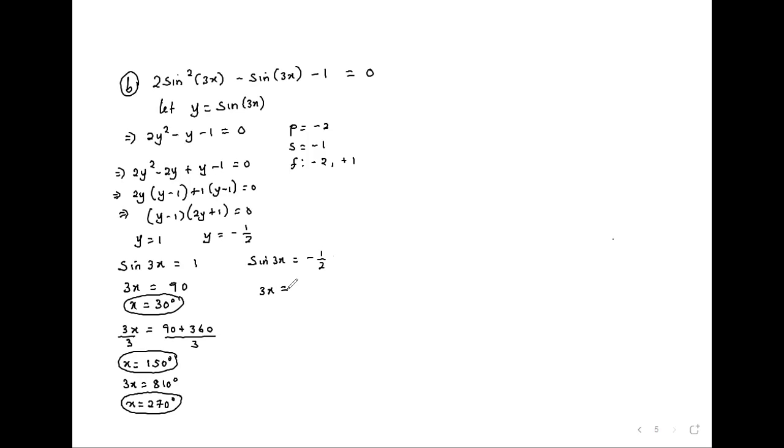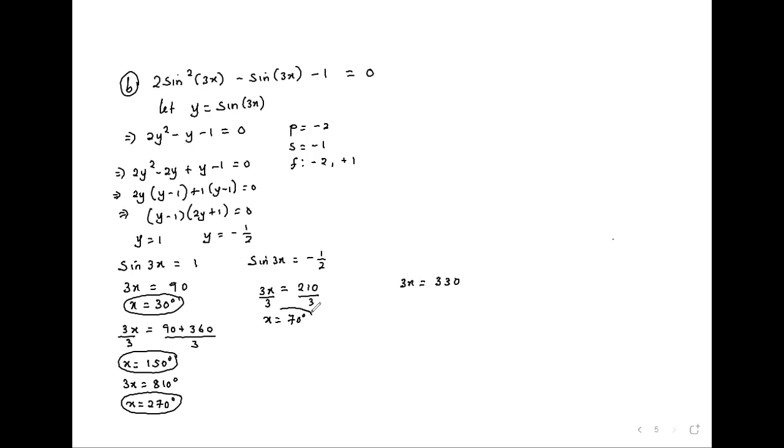So in the third quadrant, it would be 180 plus 30, which is 210. Then in the fourth quadrant, it will be 360 minus 30, which is 330. So again, we are still dividing. We divide by 3. So the first x is going to be 210 divided by 3, which is 70.